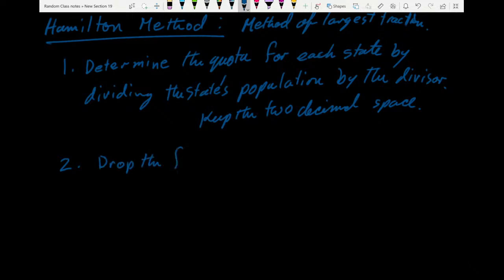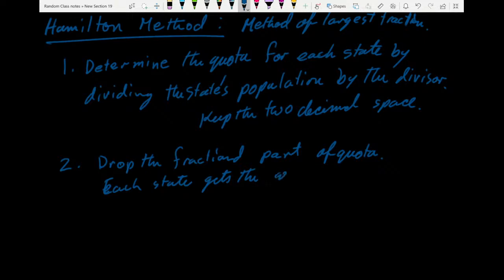Drop the fractional part of the quota, and each state gets the whole number of seats.